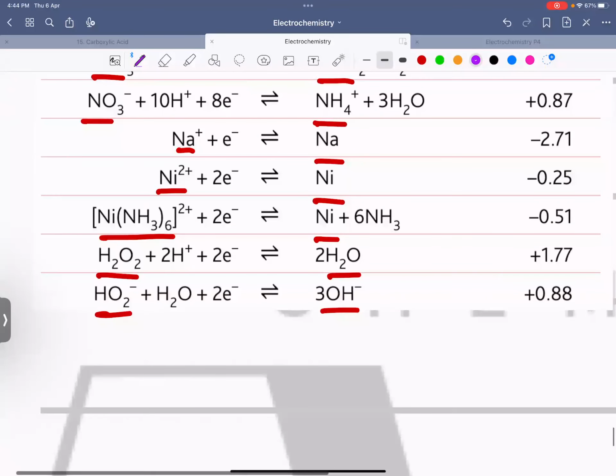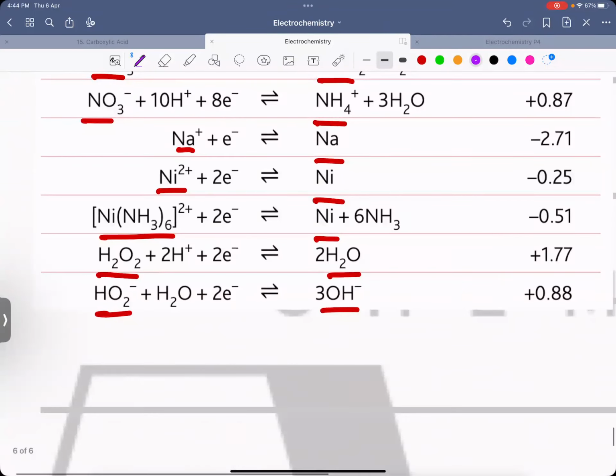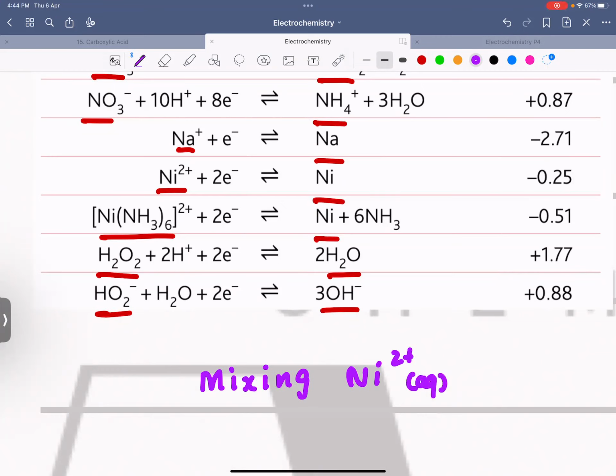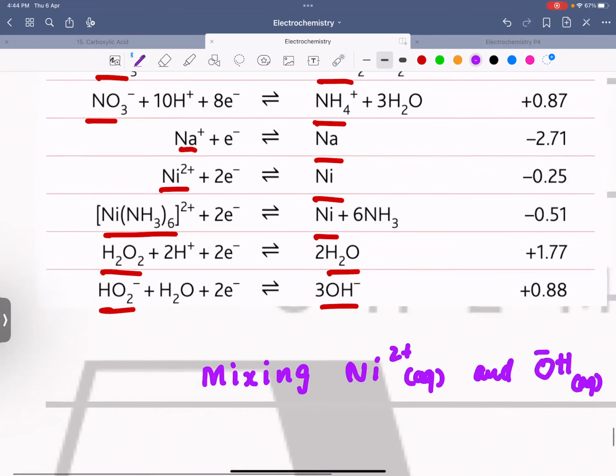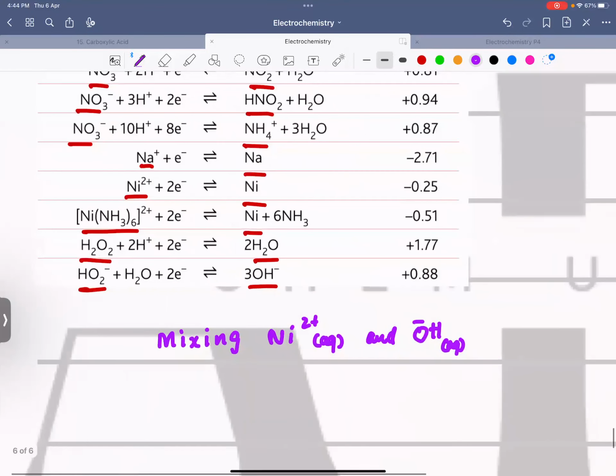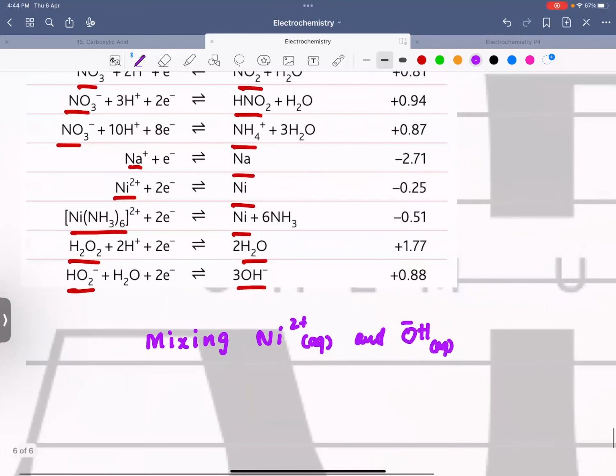If mixing nickel positive ions and hydroxide ions, would the reaction occur or not?